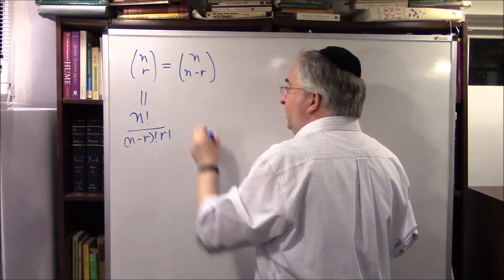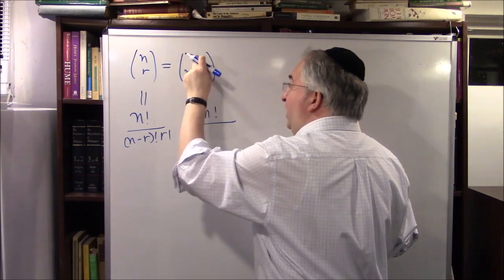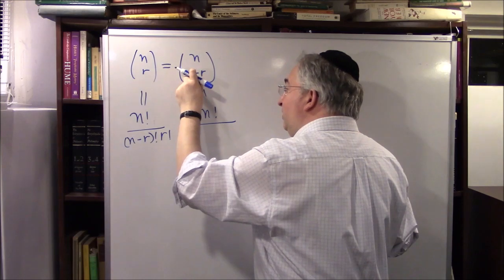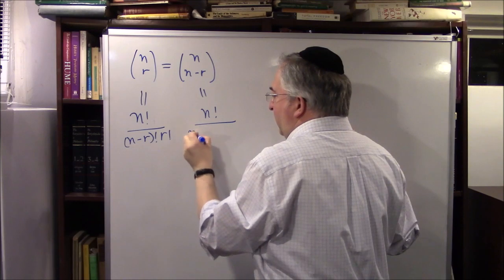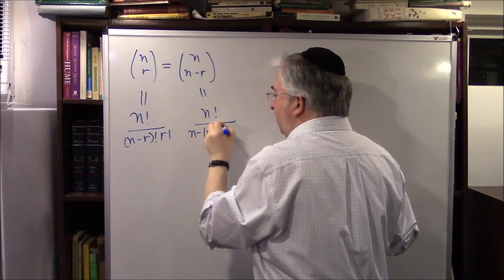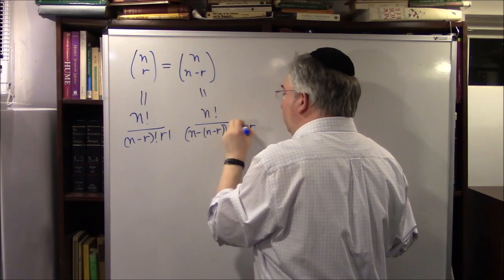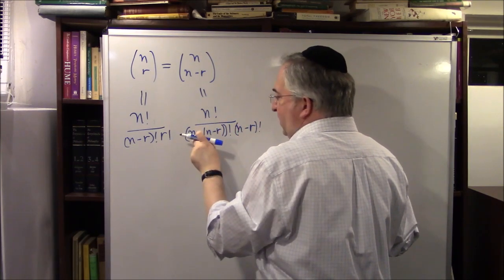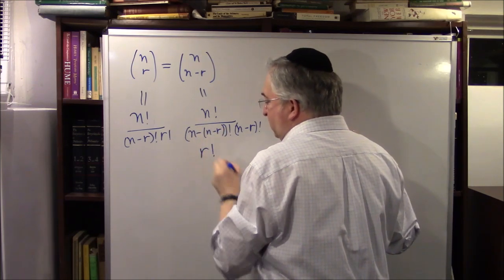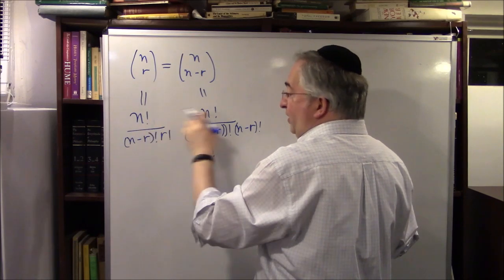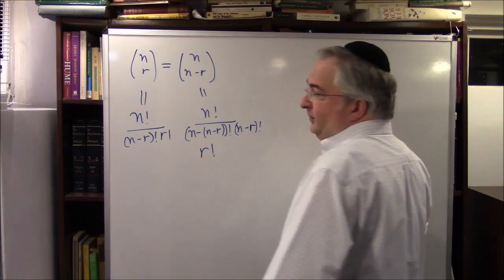As opposed to that, this is equal to N factorial divided by N minus R, N minus N minus R. So let's write that out. N minus R, take that whole thing factorial, divided by N minus R factorial. Well, what's this? N take away N is 0. Minus R is R. So this thing becomes R factorial. So on the top you have N factorial, on the bottom you have N minus R factorial times R factorial. So that's the same thing.